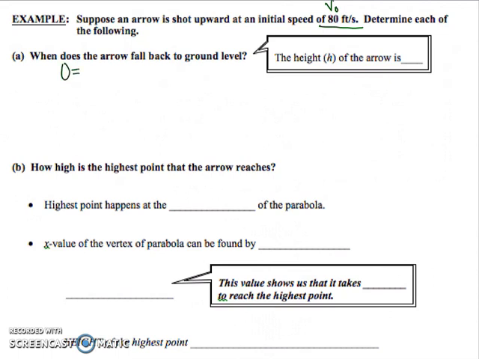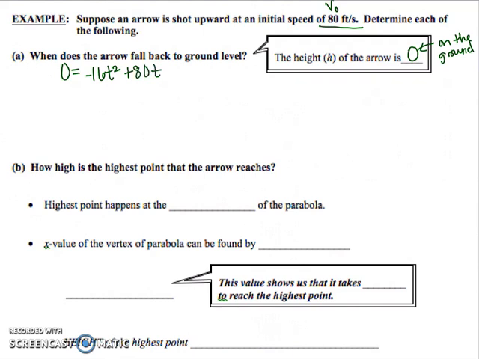It says, when does it fall back to ground level? I put 0 because the height of the arrow is 0 when it's on the ground. So we set it equal to 0: 0 equals negative 16t squared plus 80t, plugging in our v sub 0 of 80.